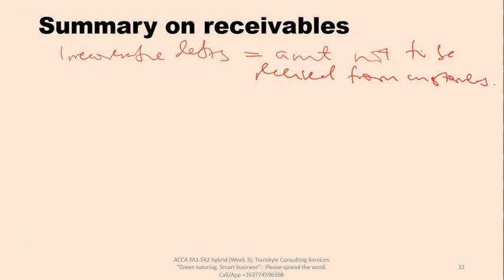They're not going to be received because the customers could be either in bankruptcy, or it could be due to fraud by the customer himself, or some disputes where the customer is saying that I do not agree with your figures.